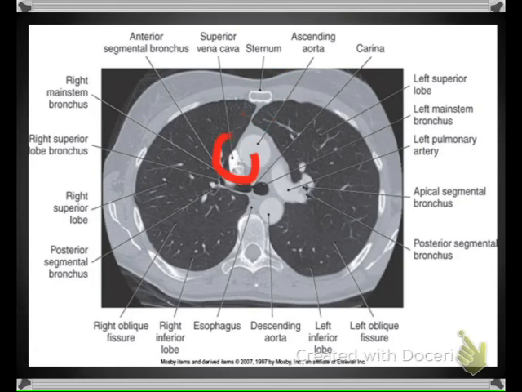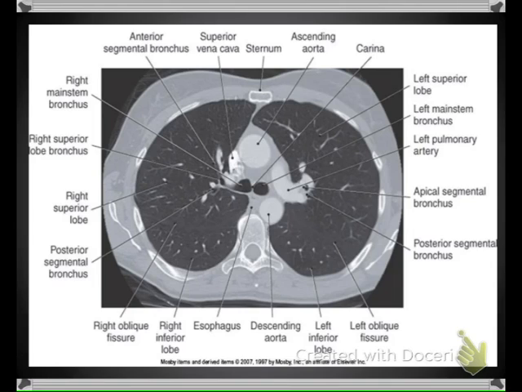However, that is of no consequence for us at this moment. Also, there is a structure just posterior to the carina here, which is the esophagus. However, it's very hard to delineate between just a soft tissue random structure and this.